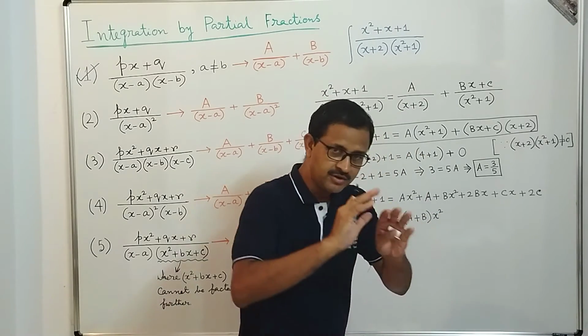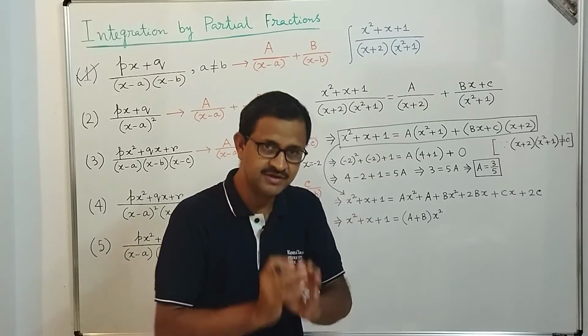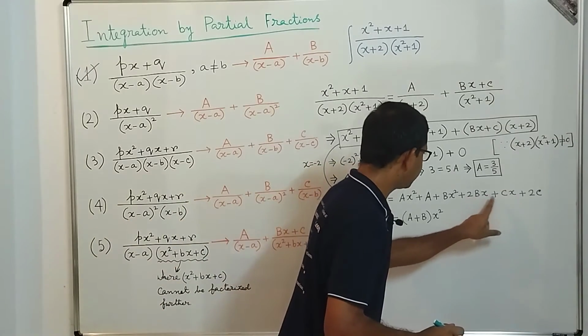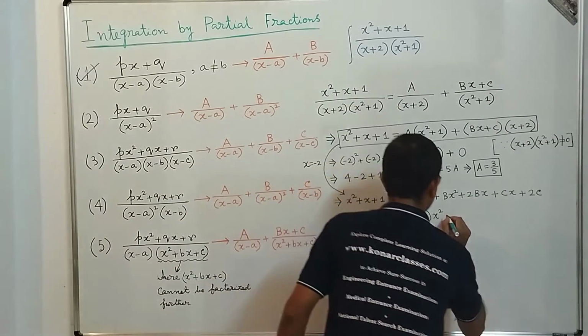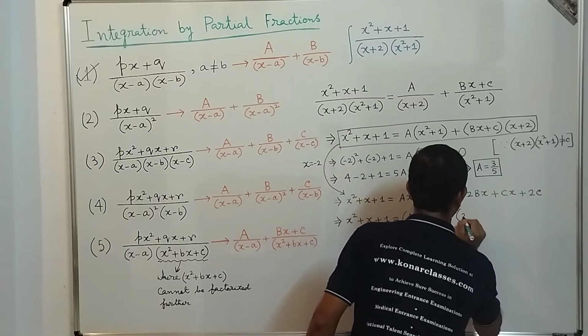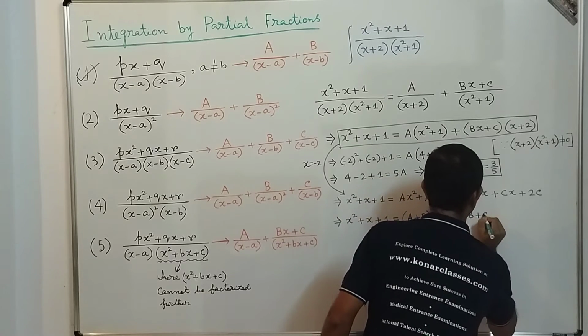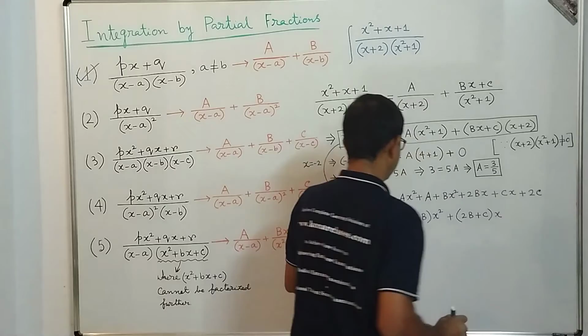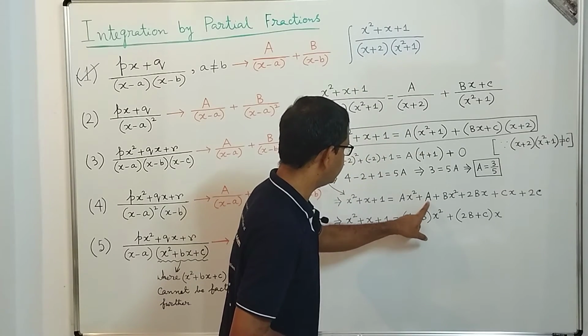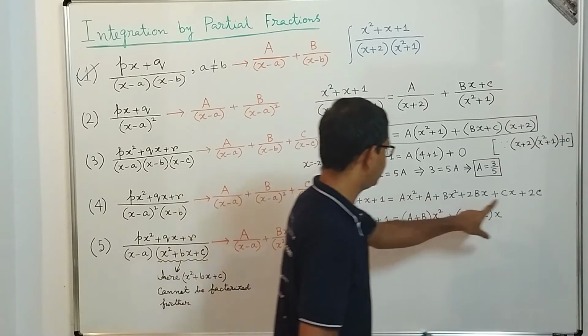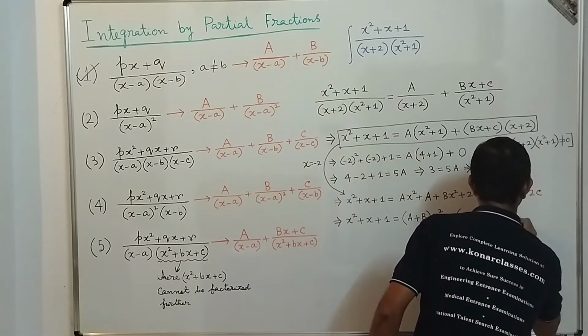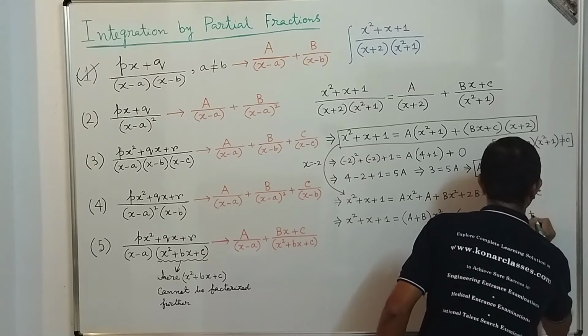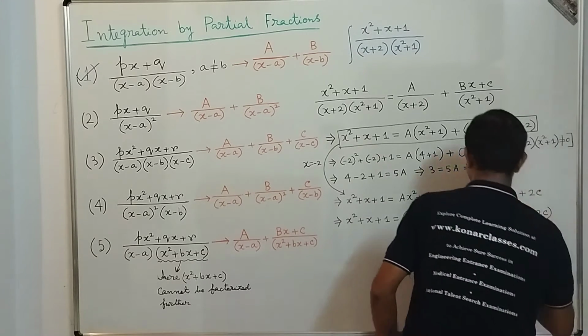Now we will club together the x terms: 2bx plus cx, so we can write plus 2b plus c into x. And then comes the constant term, that is capital A plus 2 into c.